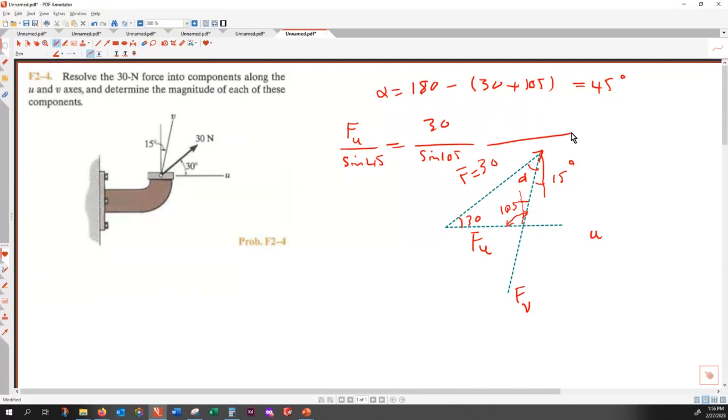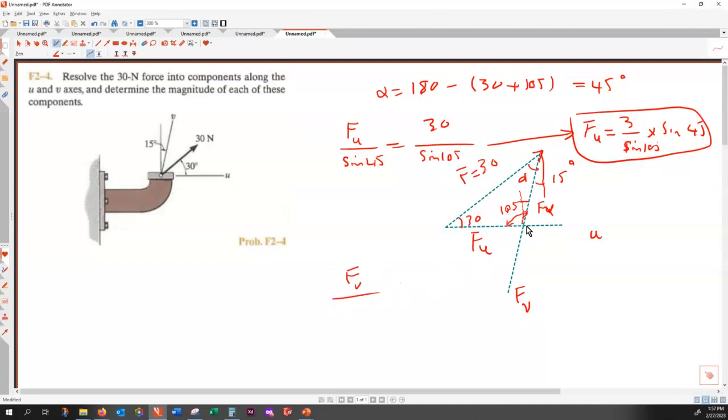Okay, so from here I find out the component of the f of u is 30 over sine 105 times sine 45. And then I can write the sine law again for the next. This is f of v.